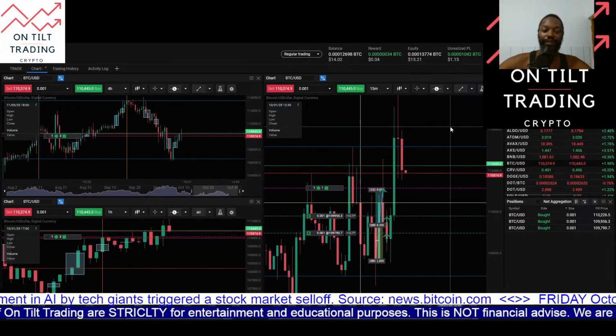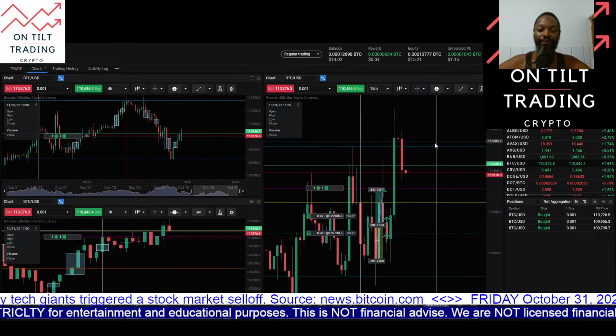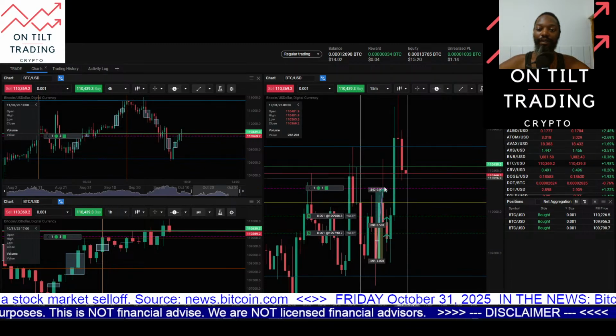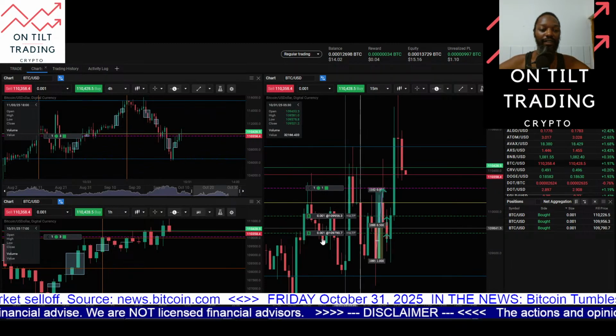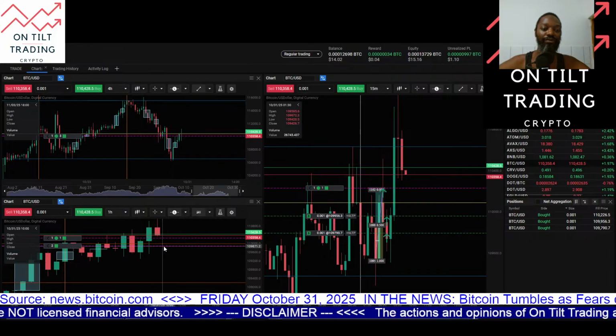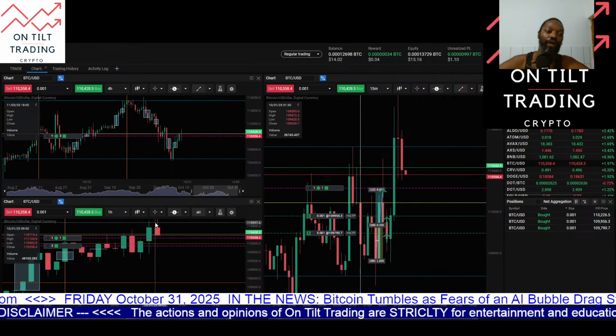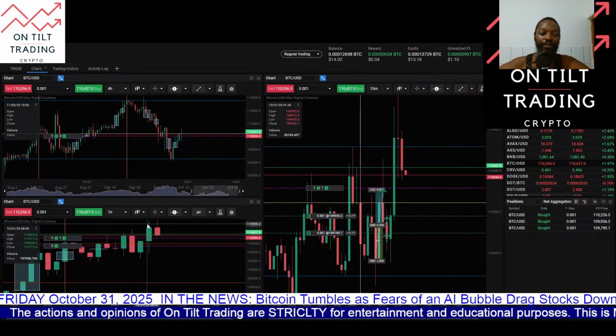So at least with me, with these lower time frame fair value gaps, I prefer to trade off of the higher time frame, or the 4 hour or the 1 hour fair value gaps.